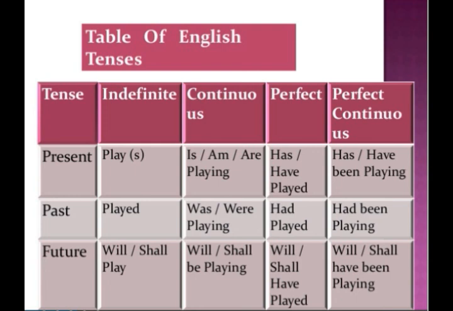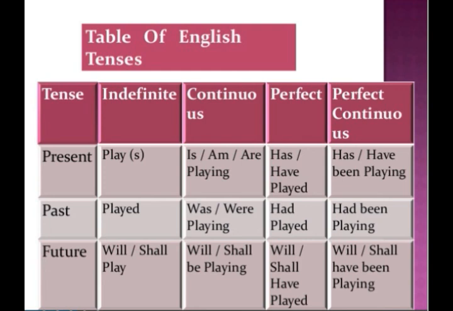So let's start with indefinite tense. If we talk about present indefinite, then we always use the first form of verb with subject. In the past indefinite, we use second form of verb, while in future we use will and shall with the first form of verb.